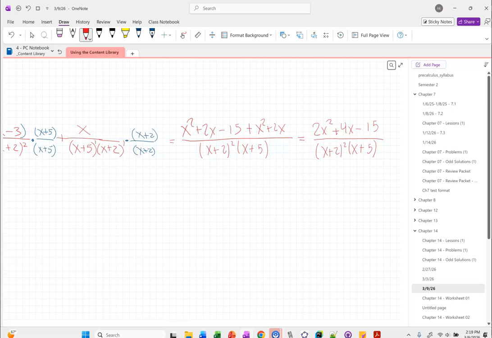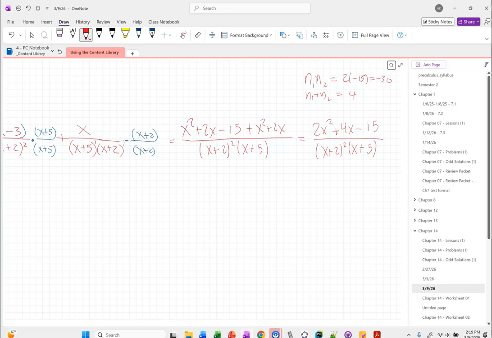Everybody still doing good? My last step now is going to be checking to see if I can factor the numerator, because there could be some reducing hiding here. What stinks about this though? Now the leading coefficient isn't 1, right? So I need the two numbers that multiply to give us negative 30, and then add to give us 4. Are there two numbers that do that?